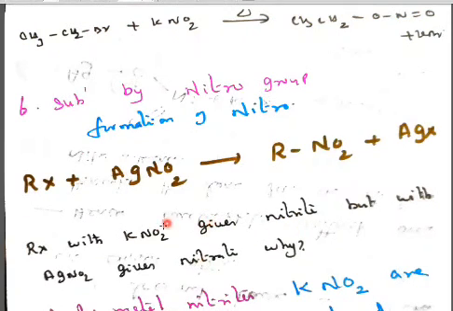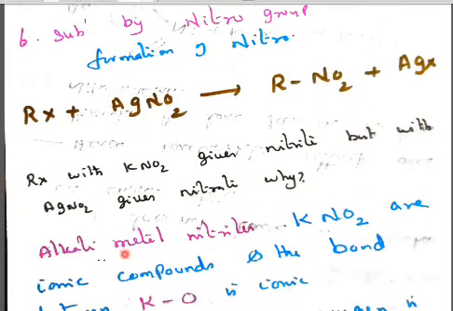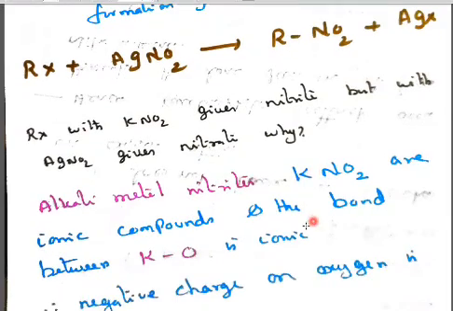As I said, RX with KNO2 gives nitrite, but with AgNO2 gives a nitro compound. Why? That is an NCERT question. Alkali metal nitrites are ionic, and the bond between K and O is ionic.